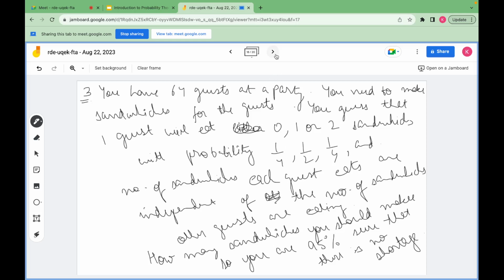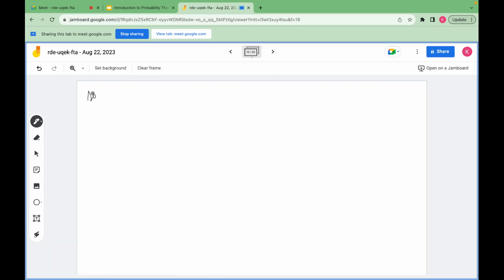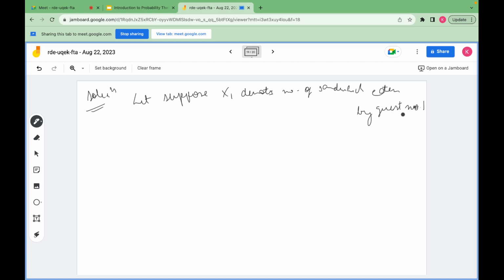Let's suppose x1 denotes the number of sandwiches eaten by guest number 1. We will assign a number to each guest. There will be 64 guests, so we will assign 64 numbers.